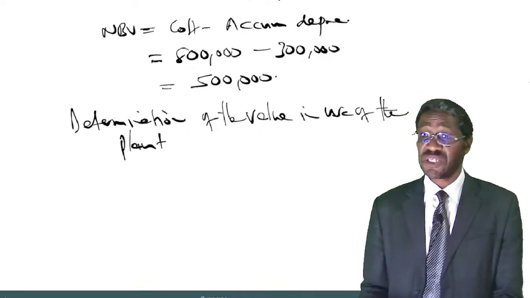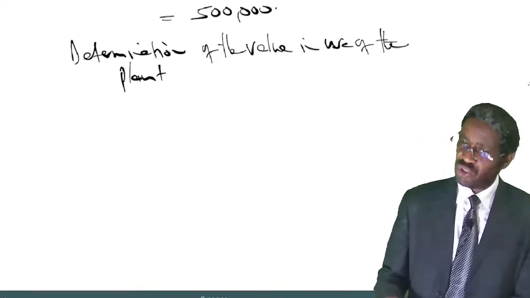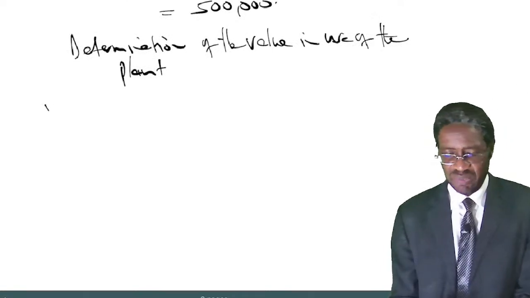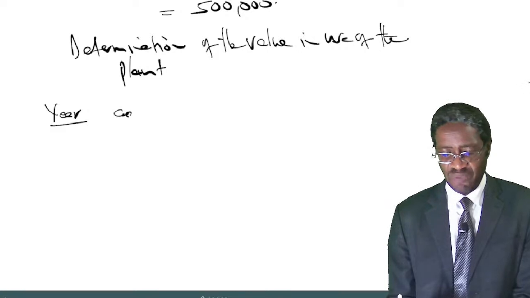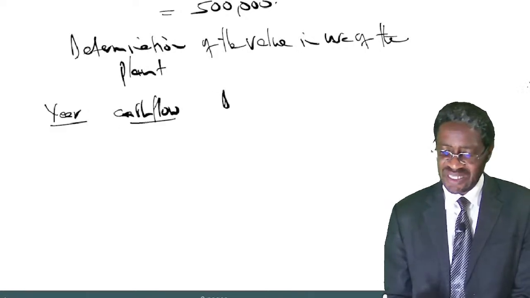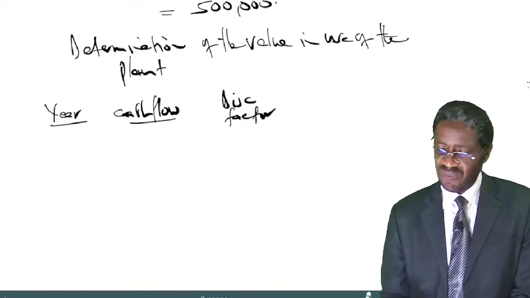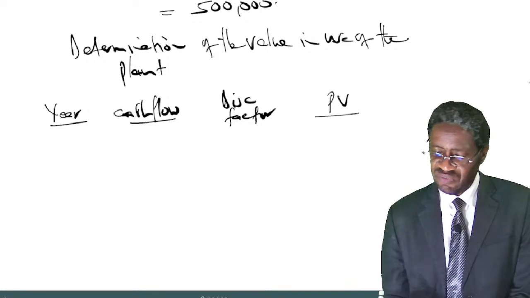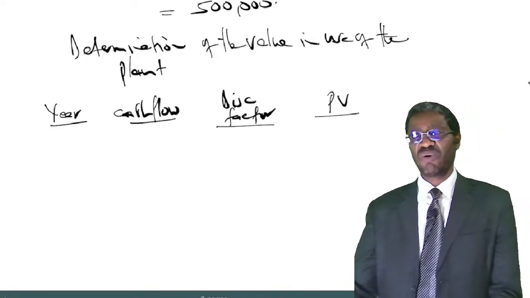And to get the present values, you can do a table. You have a column for the year, a column of the cash flows, a column of the discounting factors, and a column of the present values. Good. So let's go to the table.